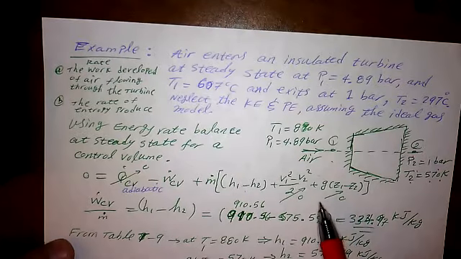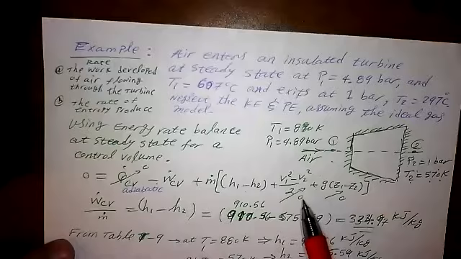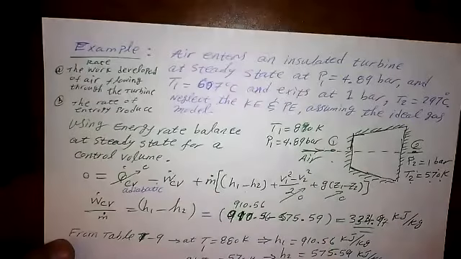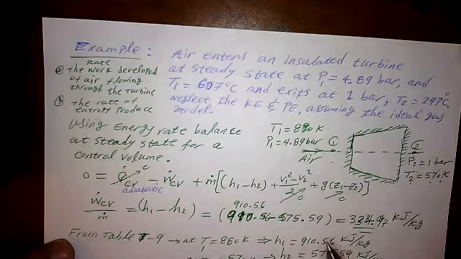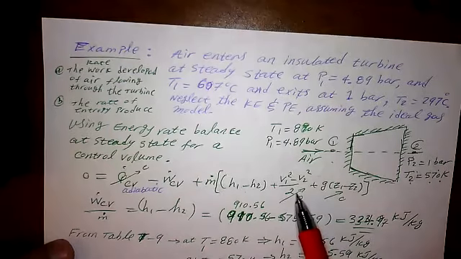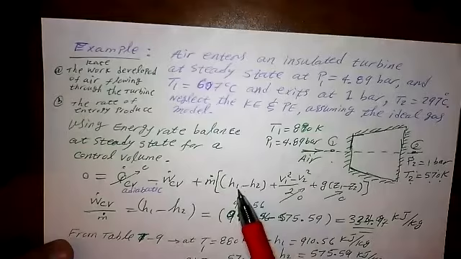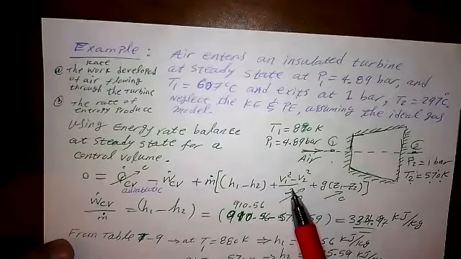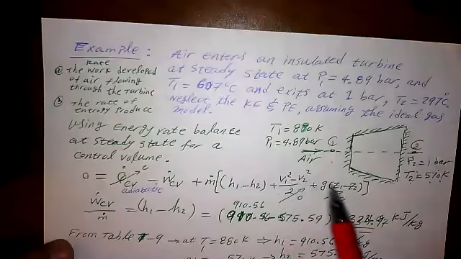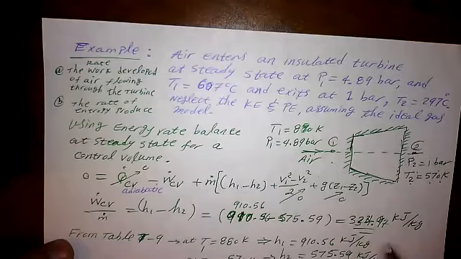Since V1, for example, is equal to V2, assuming that kinetic energy is very small compared to enthalpy, it is approximately zero, and potential energy is zero because there is no elevation.